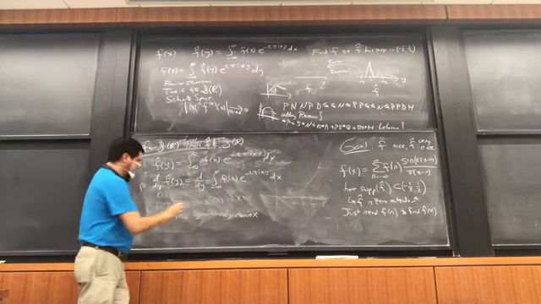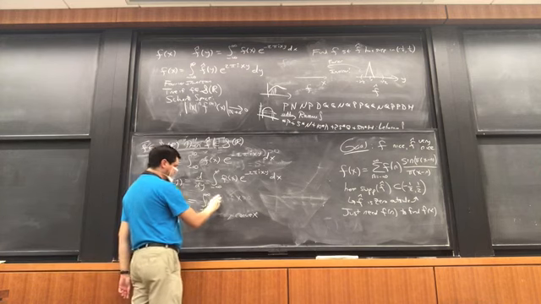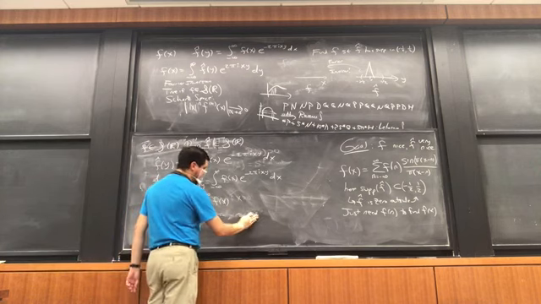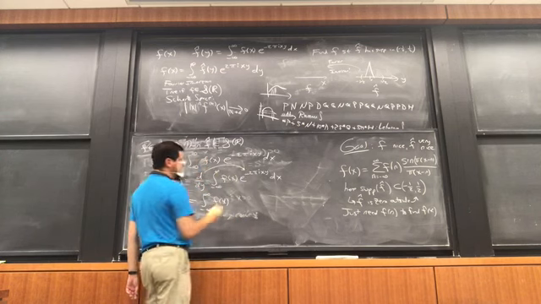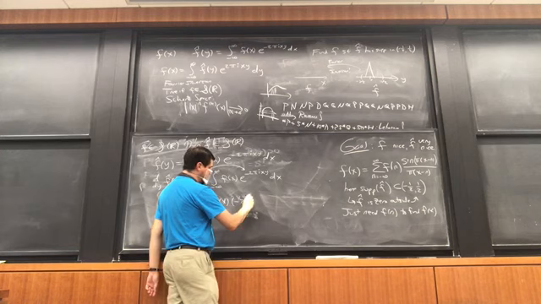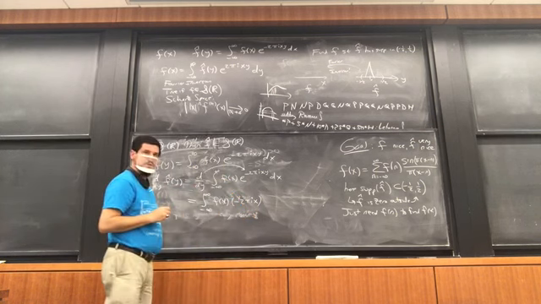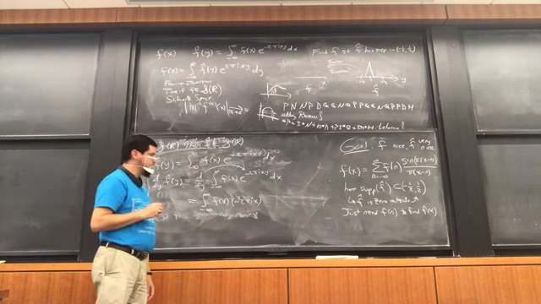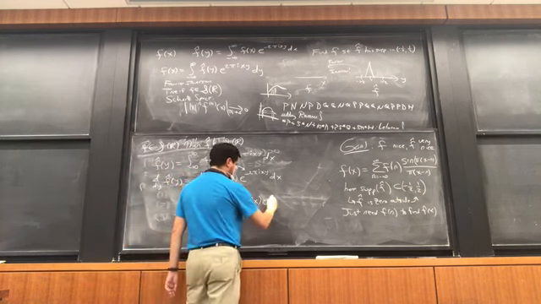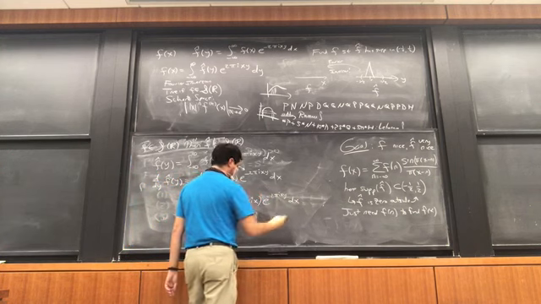You want to switch them, and say this is the same as the integral of f of x, and now you want the derivative to come in and hit that. That's going to give you negative 2 pi i x, right? Because I'm taking the derivative with respect to y. e to the negative 2 pi i xy dx.